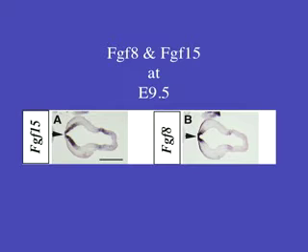FGF-8 is right here at the front of the developing telencephalon. That would have been the anterior neural ridge one day earlier during gastrulation. And then FGF-15 is expressed in an overlapping pattern in the front, but then expands much more extensively within the developing telencephalon. So many more cells are exposed to FGF-15 expression than FGF-8 expression.